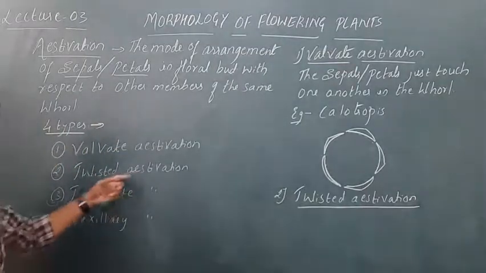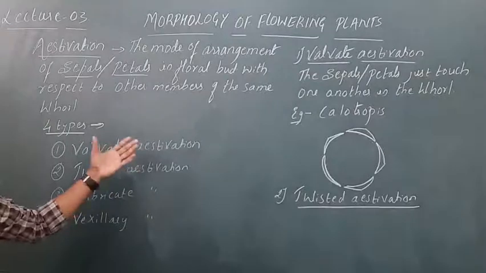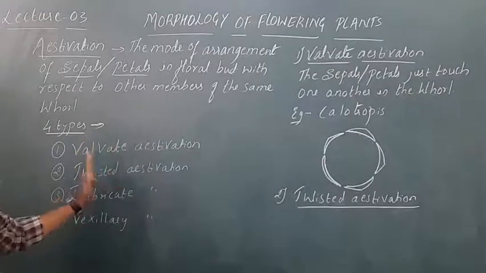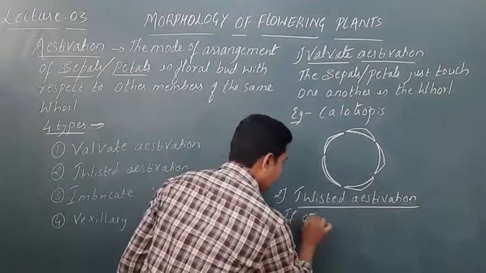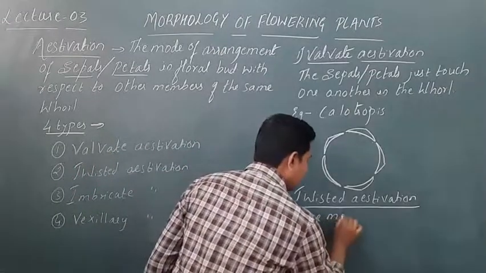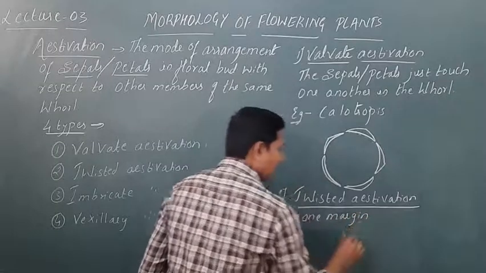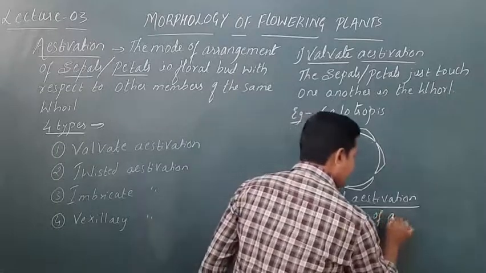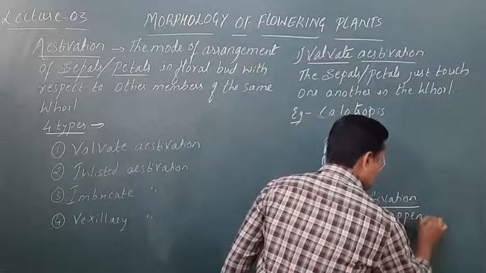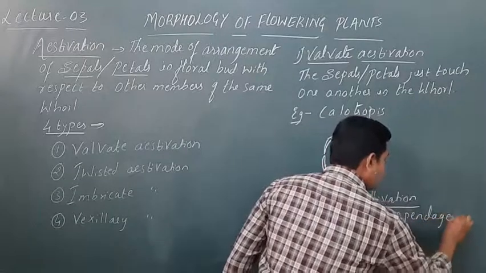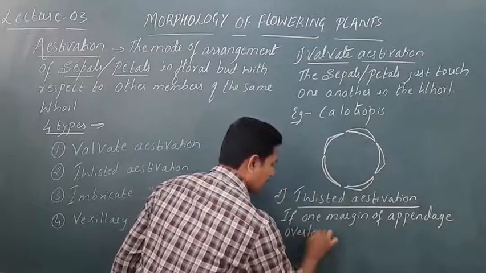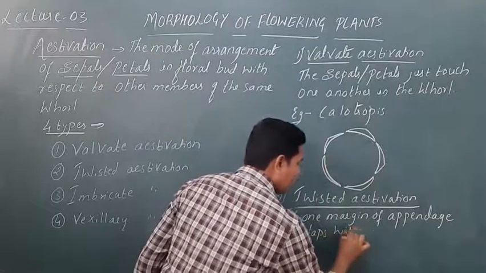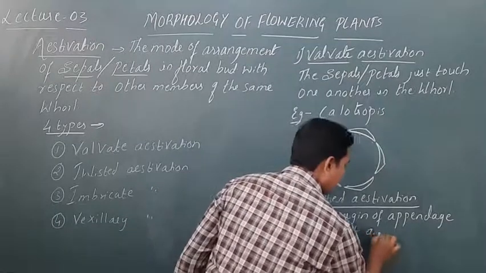And as far as twisted aestivation is concerned, what we define is: if one margin of the appendage overlaps with another.